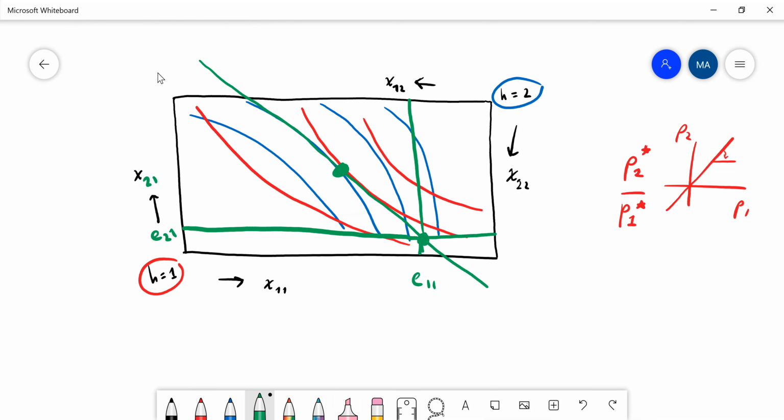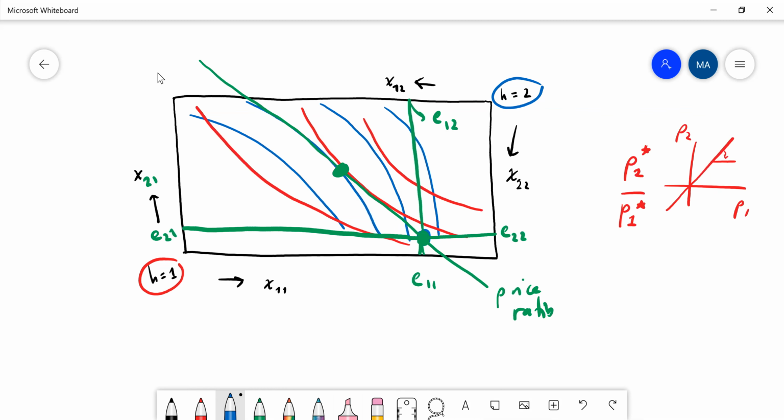Then you have here E22, and here you have E12. Now the question is this: why the price vector? This is your price ratio, let's say. Why does the price ratio intersect with the initial endowment? It's a very simple reason, because they have to sell their endowments at those prices as well.